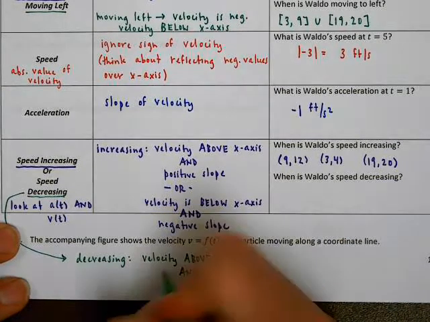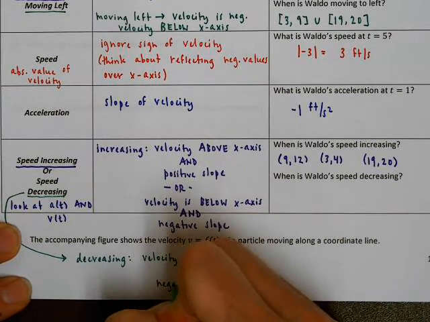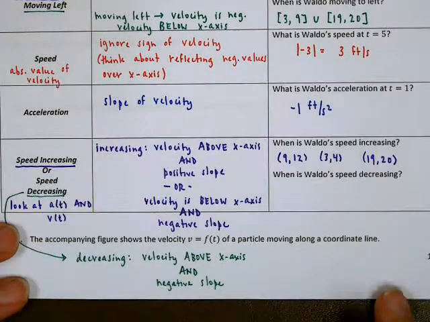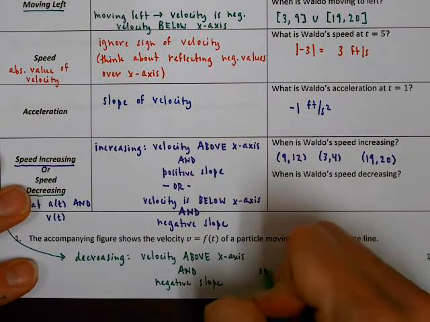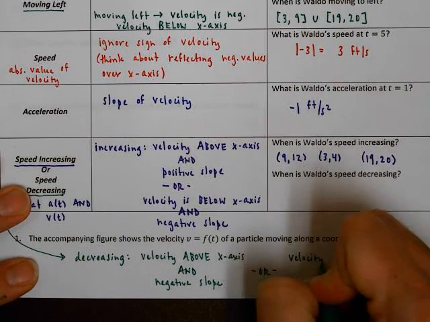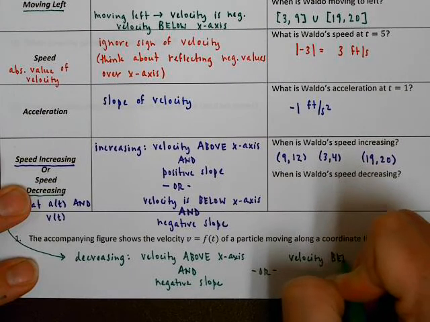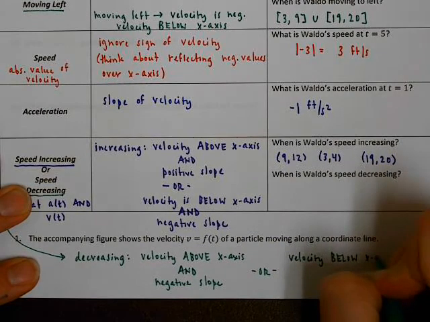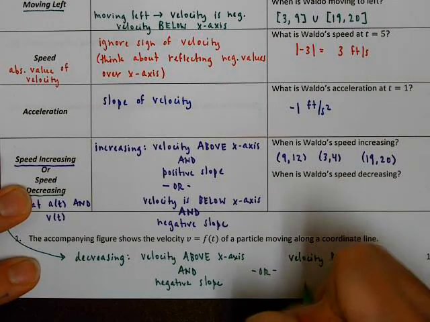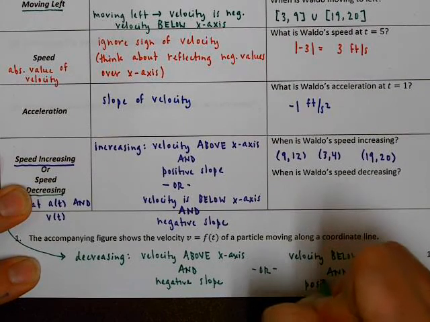My acceleration is negative. So now we have a negative slope. Hopefully you can see this. Or I'm going to have velocity below and has a positive slope. Again, looking at those opposite signs.